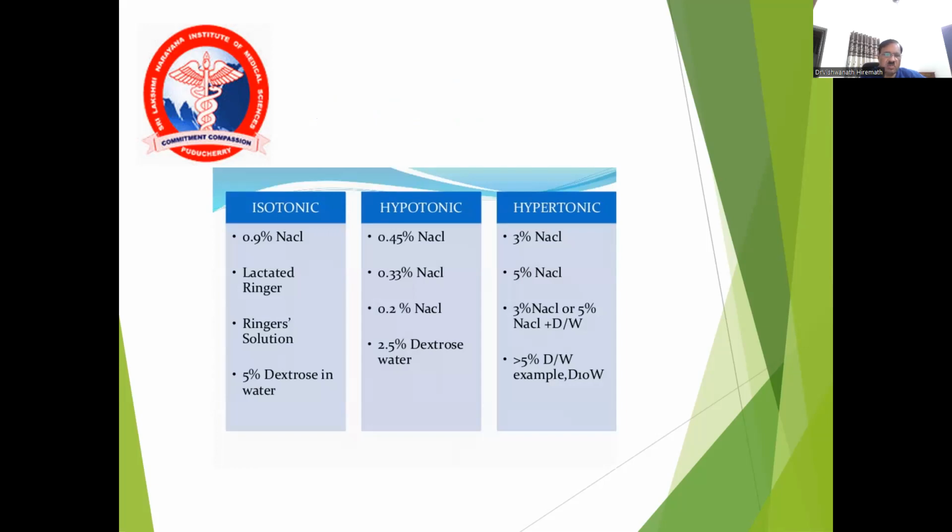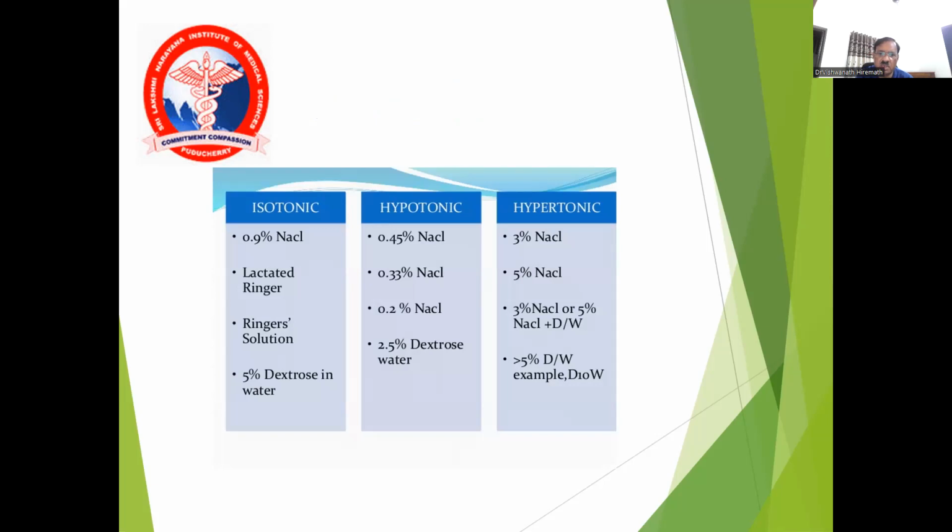Isotonic fluids include 0.9% normal saline, lactated Ringer solution, and 5% dextrose in water. Hypotonic fluids include 0.45% or half normal saline, 0.33% normal saline, 0.2% normal saline, and 2.5% dextrose.